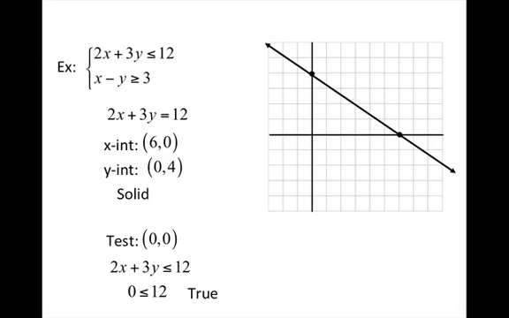And that's a true statement. So since 0, 0 was true, it's part of my solution. So every point below the line is part of my solution. Since this area is my solution, the area above the line is not my solution. So I mark out what's not my solution.